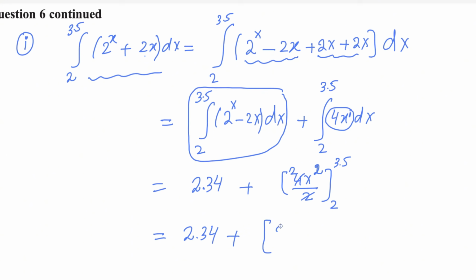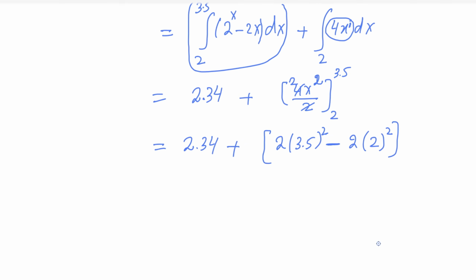For 2x squared, you apply the upper limit, 3.5 squared, then minus 2 times the lower limit, 2 squared. Now simplifying within the bracket, the answer is 16.5.